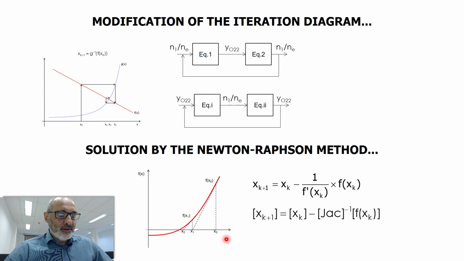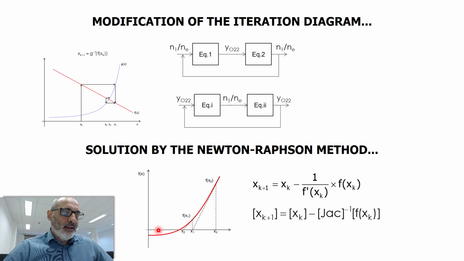I can explain it to you in this graph here if you pay attention. The method starts with a seed, an estimation of the solution. We have to find the root of an equation, f(x) equals 0. So we have f(x) here.